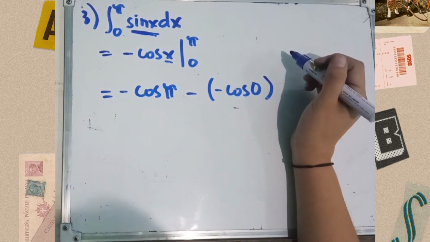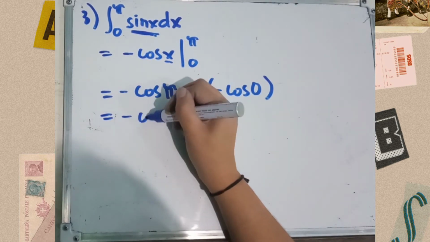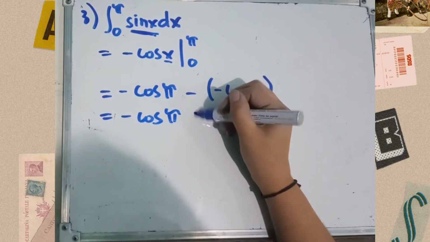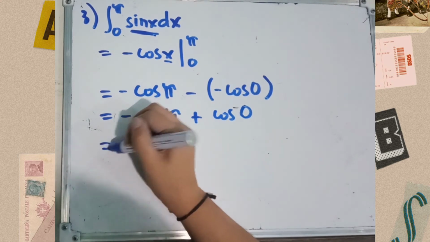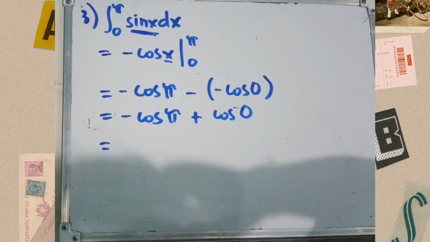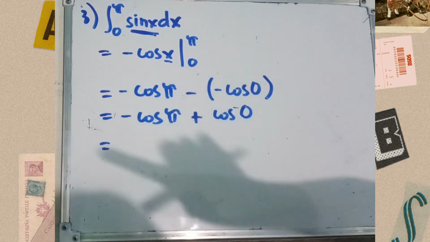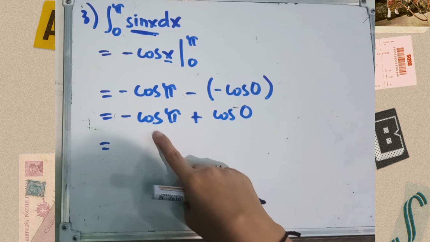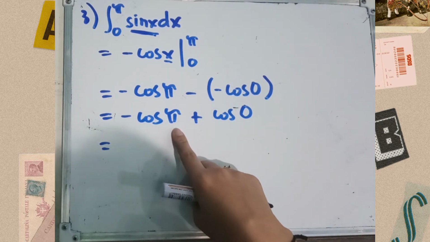Now you can actually solve this in your calculators, but we can simplify this first. So plus cosine 0. Using our calculators, or if you know the unit circle, you will be able to know the value of this. But to make it simple, you can input this in your calculator.